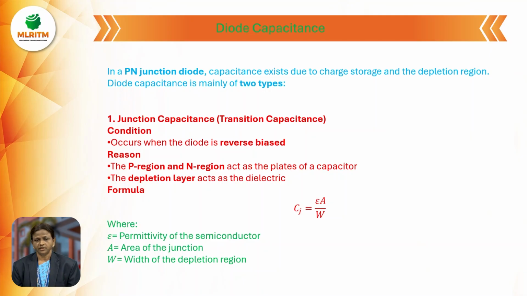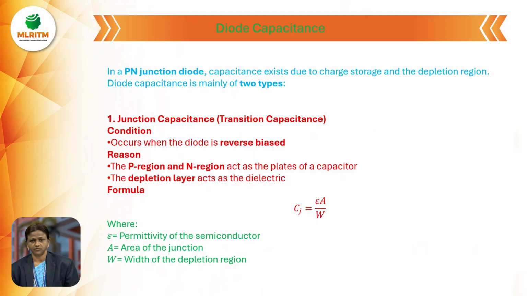So here capacitance is defined as CD, which is nothing but diffusion capacitance. Here D indicates diffusion. So CD equal to dq by dV. These two are directly proportional. Therefore, CD equal to dq by dV.